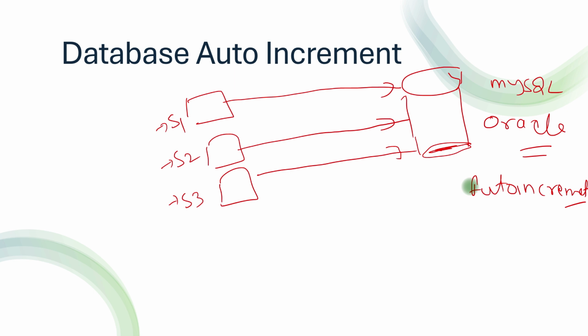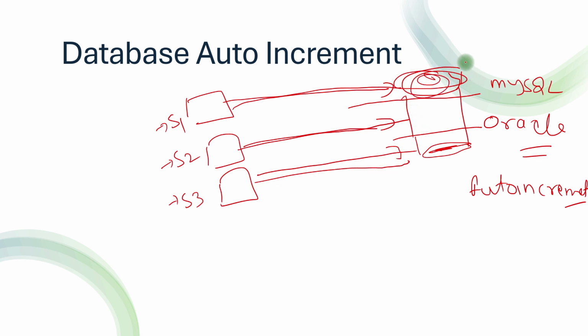S1 will have its own ID, S2 will have its own ID, S3 will have its own ID. So consistency will be in that context only. This ID 1 can be in here, in here, in here also. That is what we do not need as per our requirement.